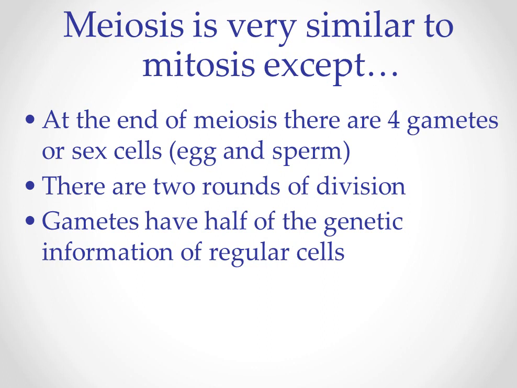Meiosis goes through 2 rounds of division instead of 1, and you're not getting an exact copy. If you have 46 chromosomes in a stomach cell, with meiosis you only get half, so you create half the amount of genetic information as the regular parent cell.